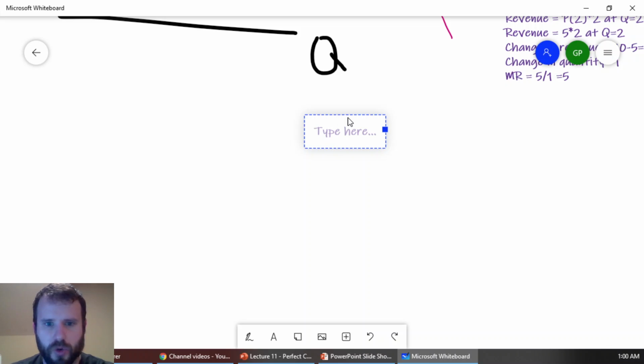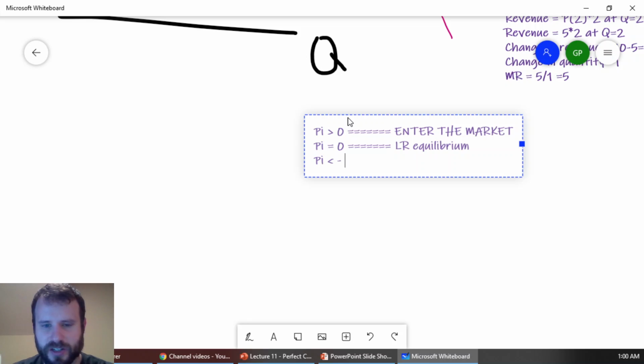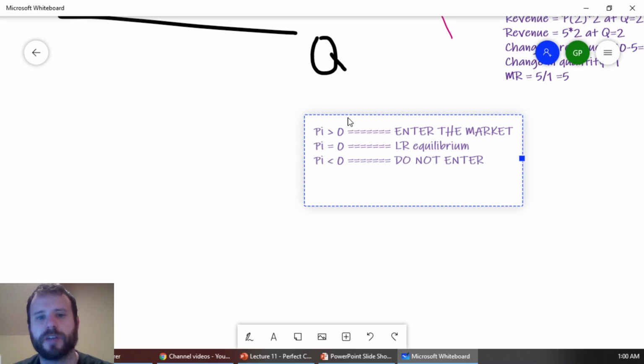So we said that pi greater than 0 means that you're going to enter the market. Pi equal to 0 is your long run equilibrium. Pi less than 0 is do not enter.